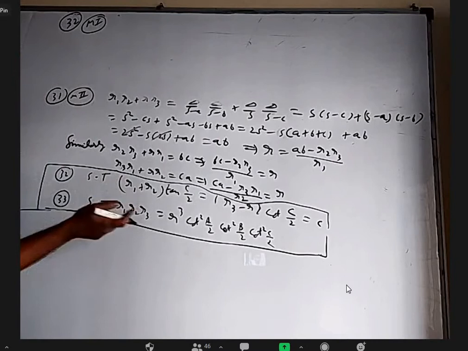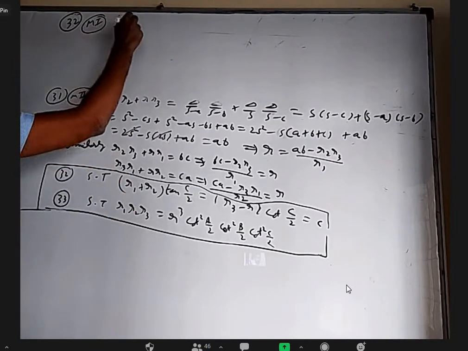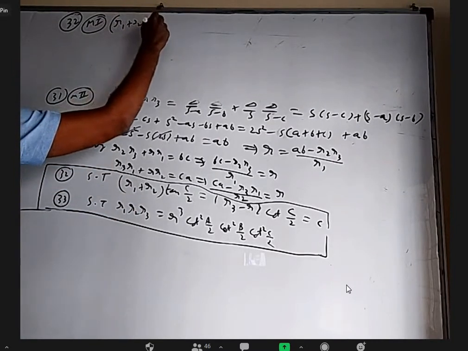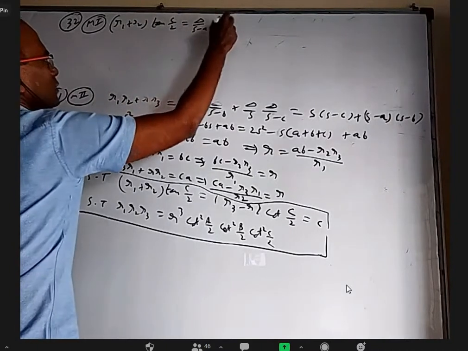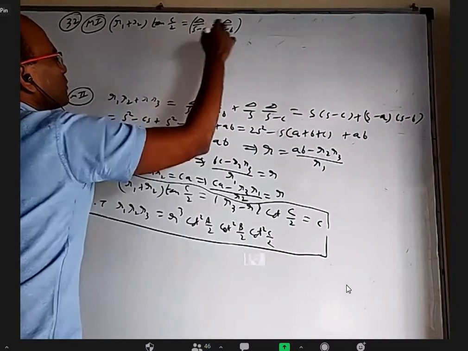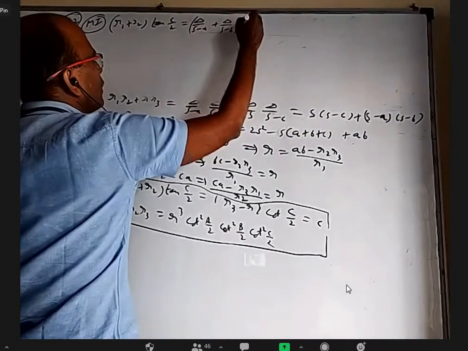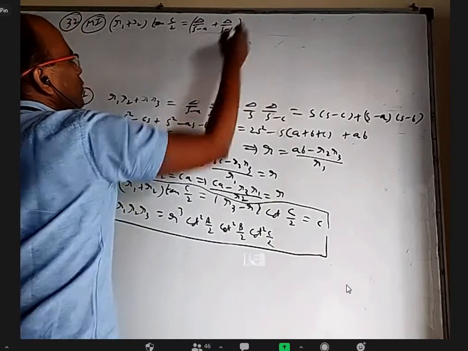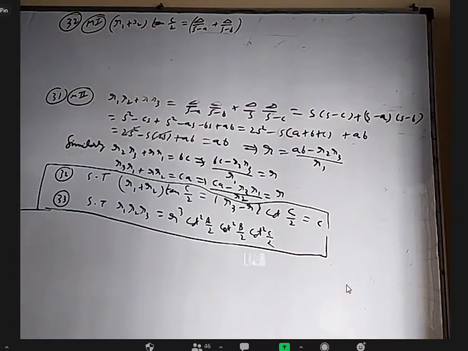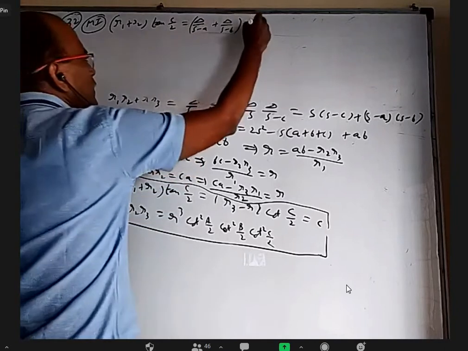I can use delta formula or either way it can be done. R1 plus R2 into tan C by 2. This is delta by S minus A. This is delta by S minus B. And tan C by 2, if I don't want square root, it is S minus A into S minus B by delta.